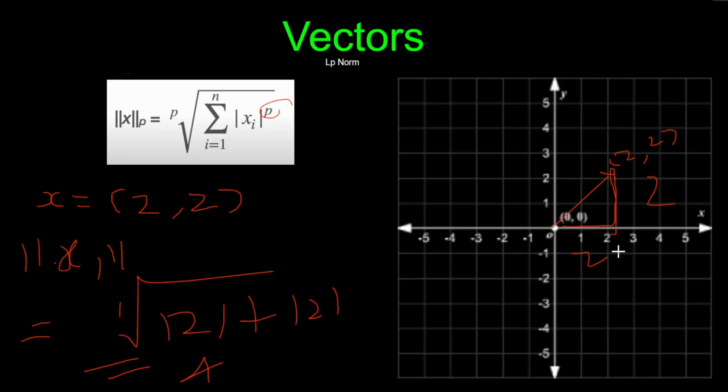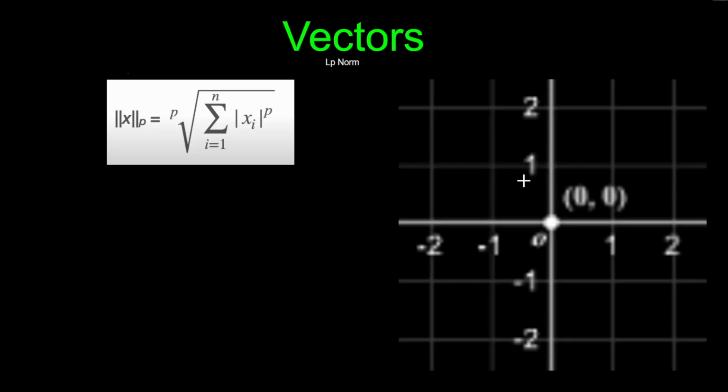So this is 2, this is 2. So LP norm is a generalized way to measure the length or size of a vector in different ways depending on the value of P. So if the value of P is 1, it's L1 norm, or 2, it's L2 norm, and so on.